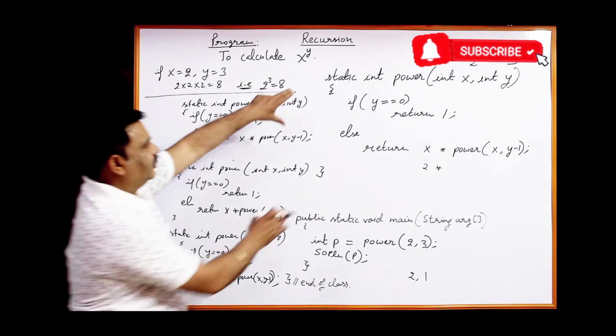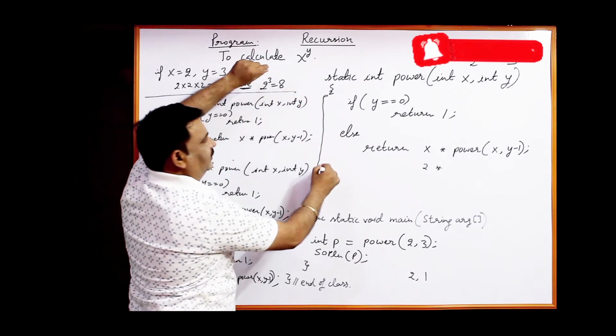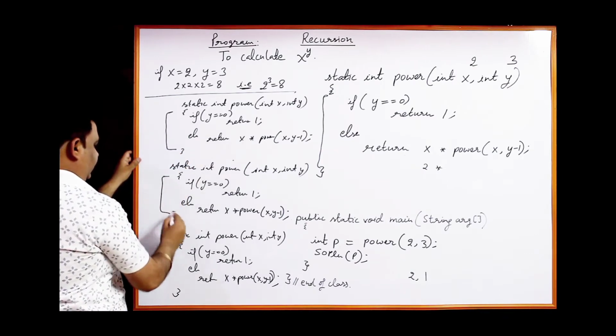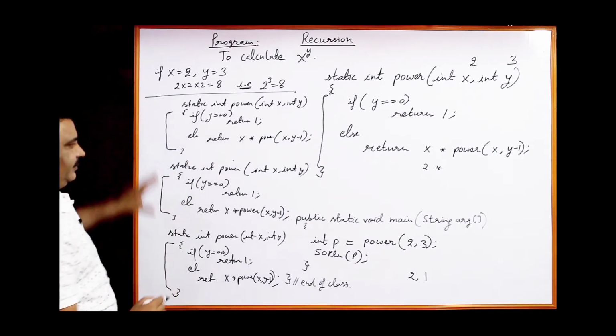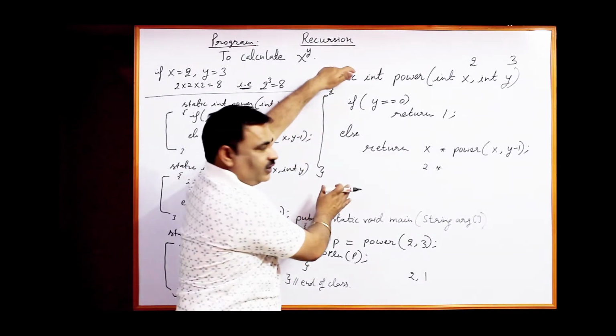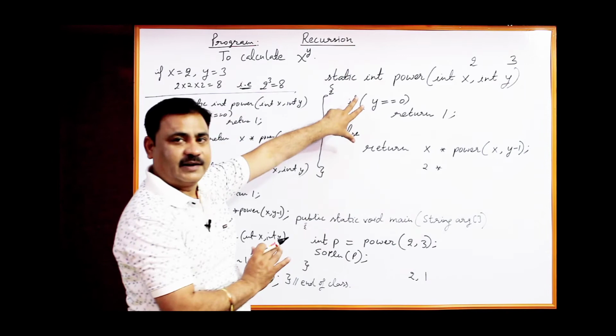The same function, made 3 times: first, second and third. This is only to make you understand; otherwise you have to write only this one function, which is enough.